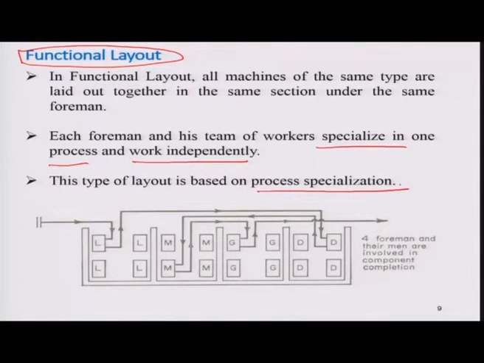Here machines of a similar kind are grouped together: four L machines, four M machines, four G machines, and similarly here. This is workstation 1, group 1, then group 2, group 3 and group 4.